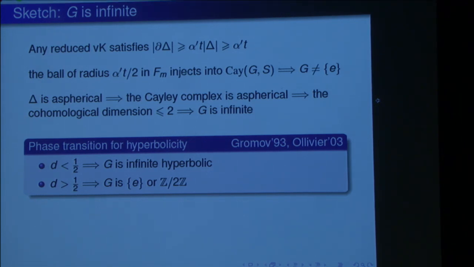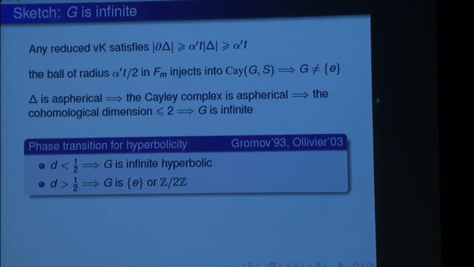Okay? So imagine it like here. It will mean that also the Cayley complex is aspherical. And this implies, depending on your knowledge of cohomological dimension, that it is at most 2. And this also immediately implies that G is infinite, because when you have torsion elements, cohomological dimension is always infinite.